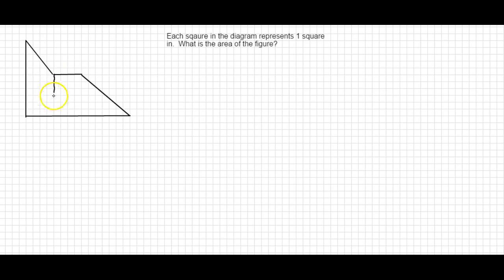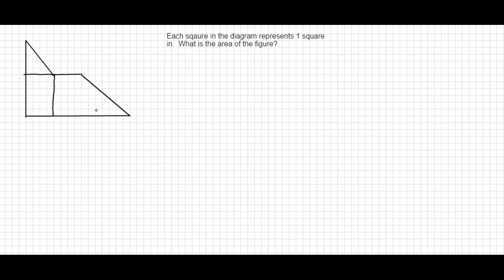I can put a line here, and that actually splits it into 2 trapezoids. So we could do area of a trapezoid right away, or we could split it further and do a triangle and a rectangle. So we have a trapezoid, a triangle, and a rectangle.